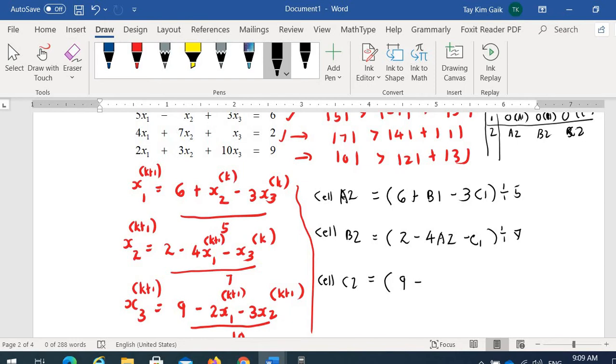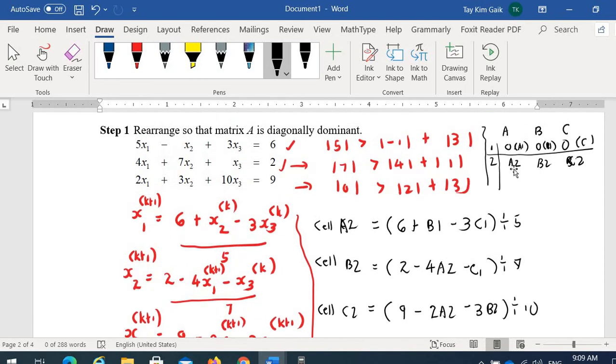K plus 1 is the new x1, stored in A2. x2 at k plus 1, the new x2, is stored in cell B2. So 3 B2, divided by 10. We check properly before we key in. To calculate A2, it depends on B1 and C1: 6 plus B1 minus 3 C1, divided by 5.